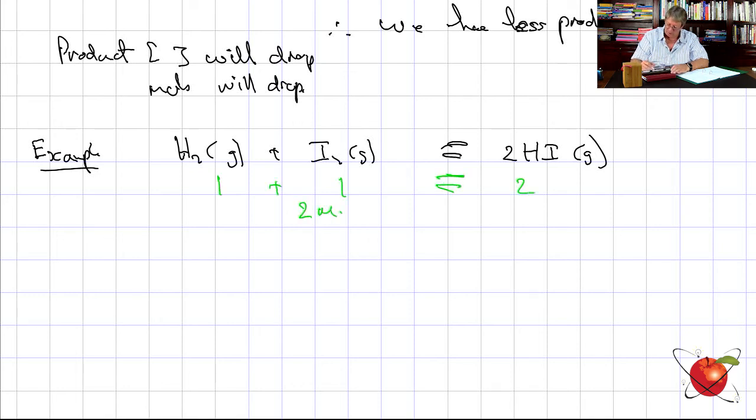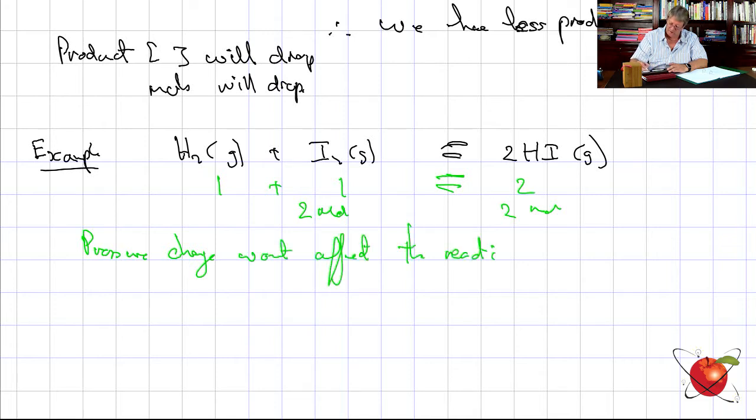So 2 moles and 2 moles. There's no pressure differential between these. Therefore, the pressure change won't affect the reaction, will it? So if I increase pressure or decrease pressure, pressure doesn't affect it. It's not pressure sensitive, right? The rate of reaction stays the same, right?